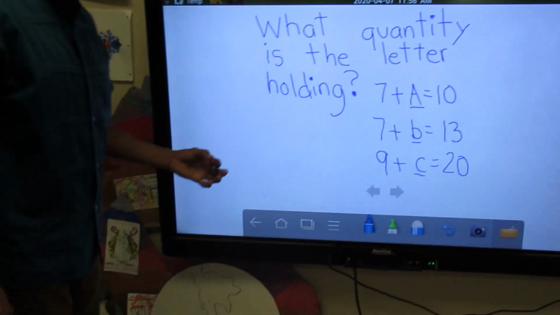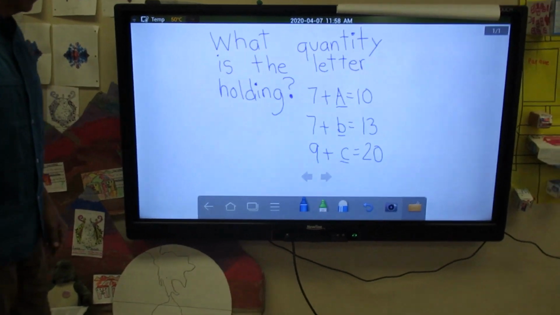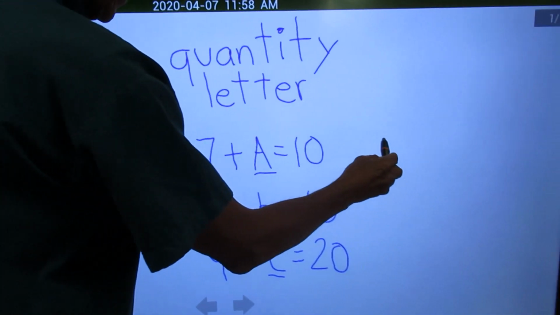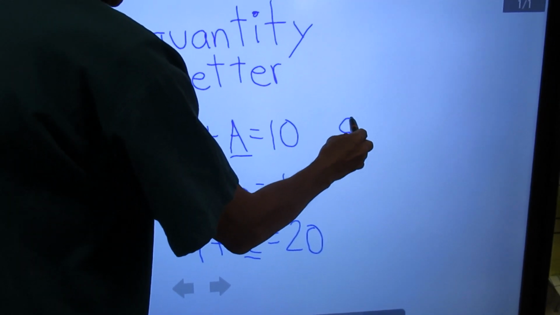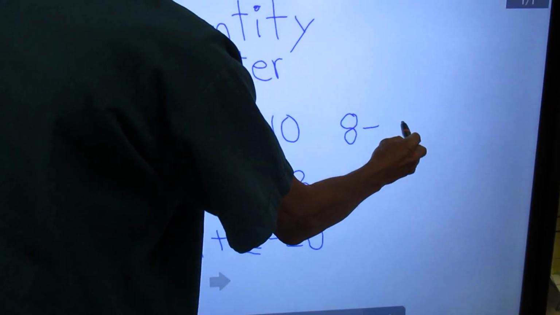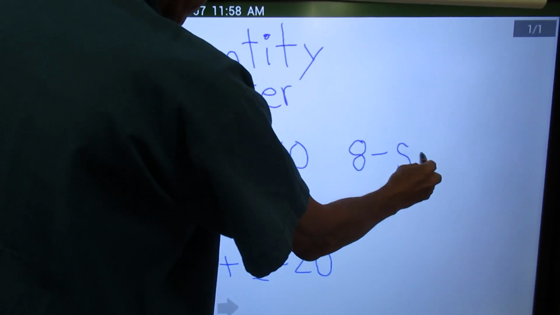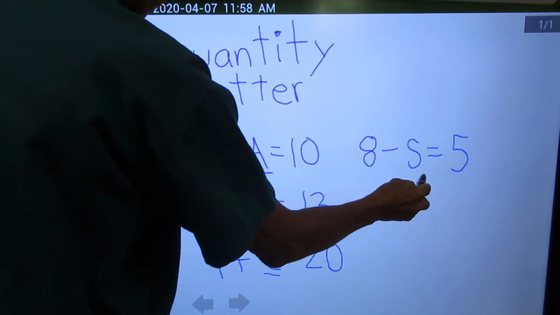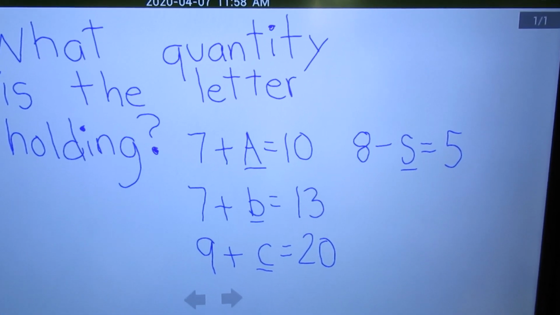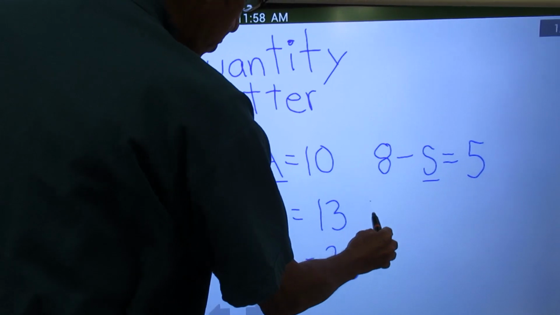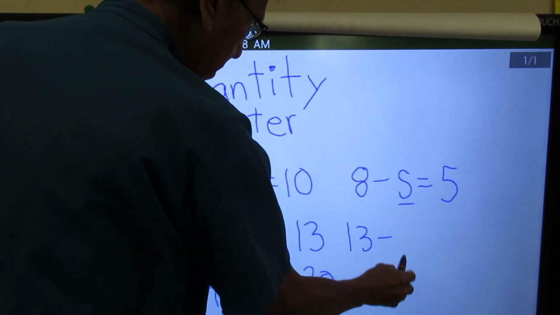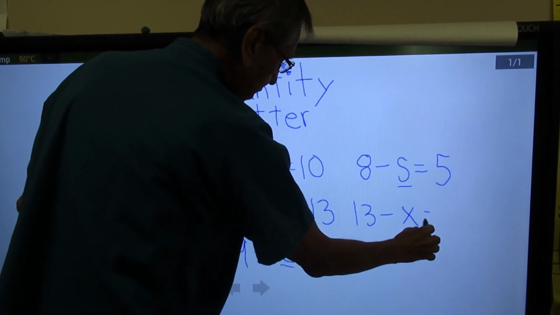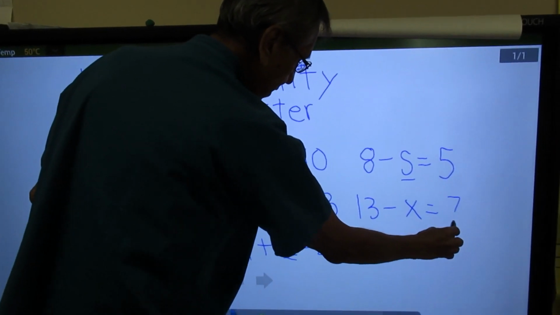Now, with subtraction, you can play the same game. You can say 8 subtract S equals 5. What number or what quantity is the letter holding? You can say 13 subtract X equals 7.